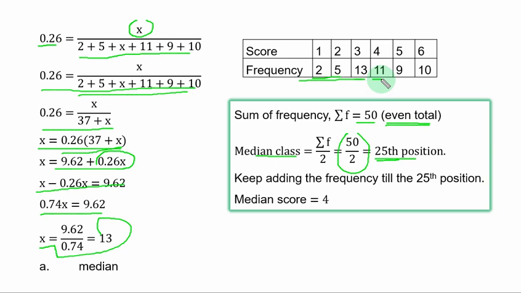So the 25th position is contained where you have 31, the sum of the first 4 frequencies, and the score that corresponds to that position is 4. Therefore, median score is equal to 4.